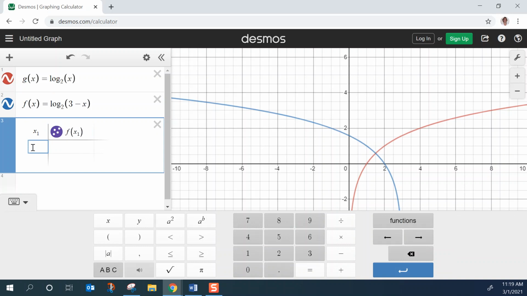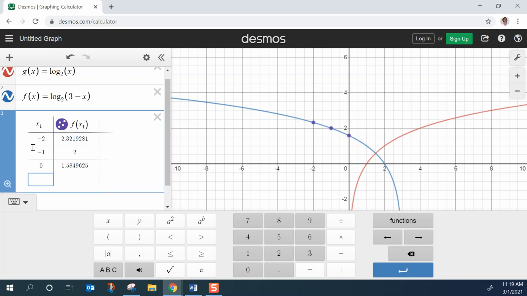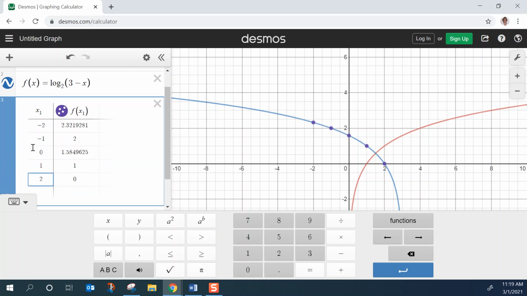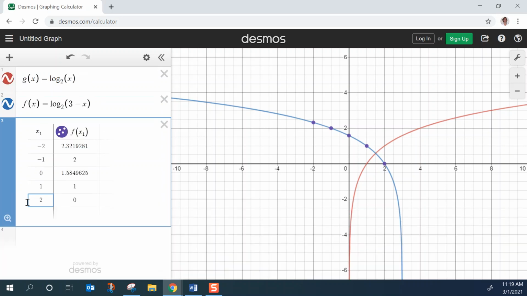So if I put in -2, -1, 0, 1, 2, I have an integer point at (-1, 2), an integer point at (1, 1), and an integer point at (2, 0). So you could use any of those 2 points to create your graph.